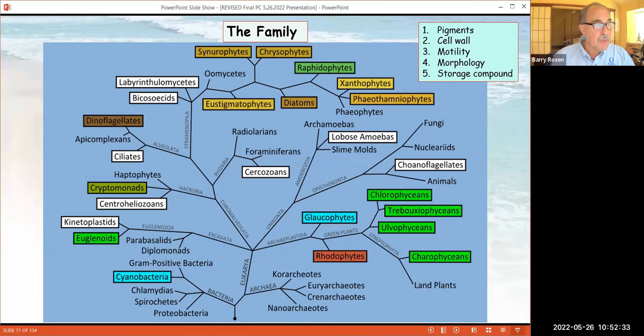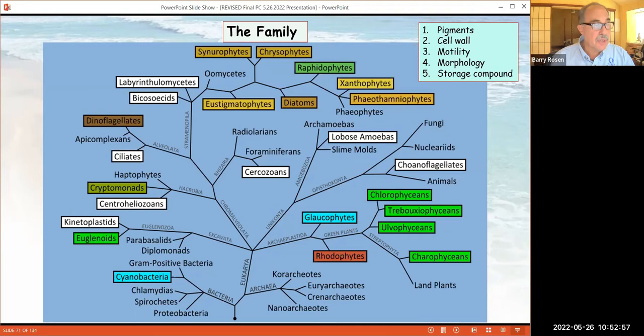And to name an organism and classify it, they all evolved at different times on Earth. So we have to use pigments, but we can also use the cell wall. They have a cell wall like a plant does. Some are naked, but a lot of them have cell walls of different materials. Diatoms, for example, have a silica cell wall. Some of them are motile, can actually swim.